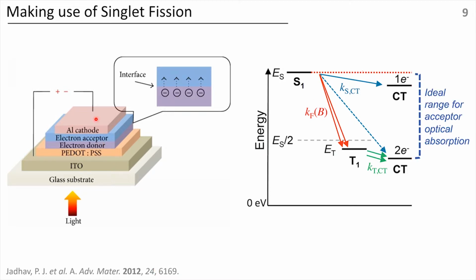And once I discuss the idea of building a solar cell, and creating an incentive for electrons to flow in this diagram, I move on and make another transition to talk in a bit more detail about Jadaf's paper. And I bring up this little point, which simply states that by considering the energies of their singlet fission materials, they thought of an ideal range to look for the acceptor material, which is going to make the whole solar cell operational.